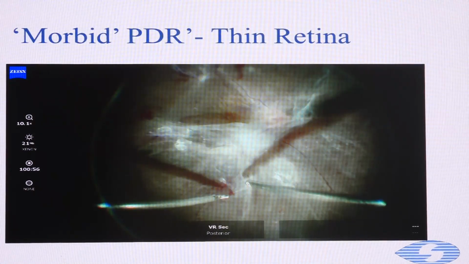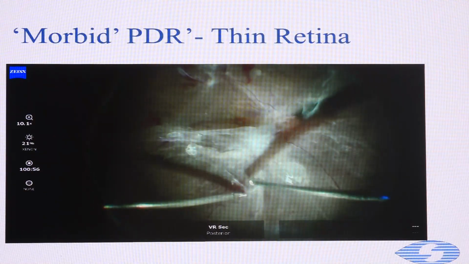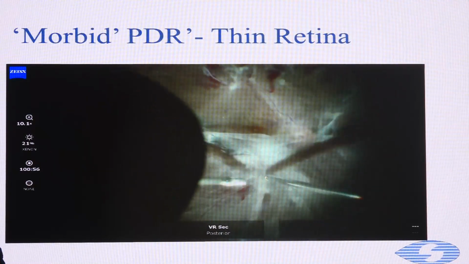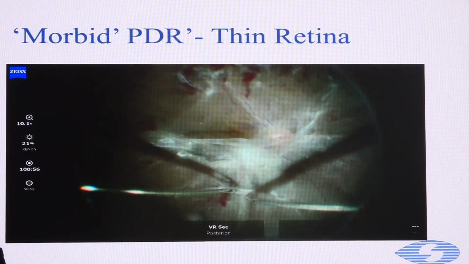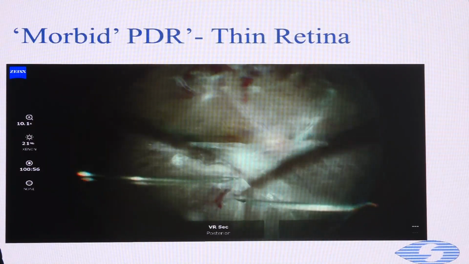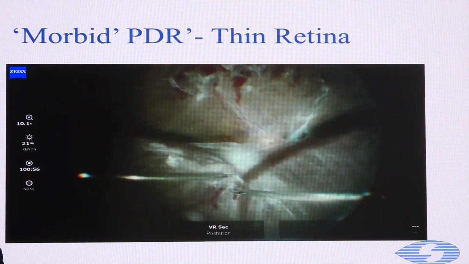Then coming to this case, which Dr. Sangeet had mentioned, a very thin retina. Again, in the bimanual way, you can get into the correct plane of dissection. Many times the heme helps you find the correct plane, because if you just cleave it back, you can see.